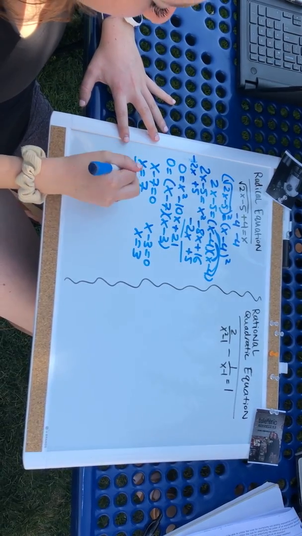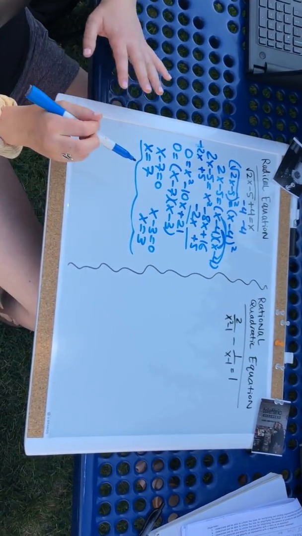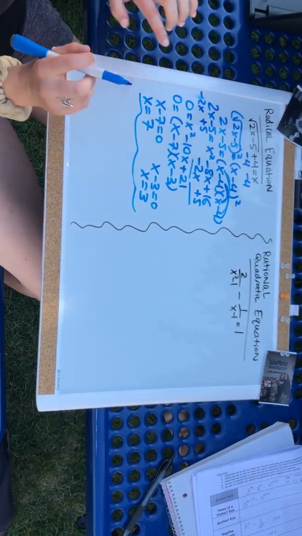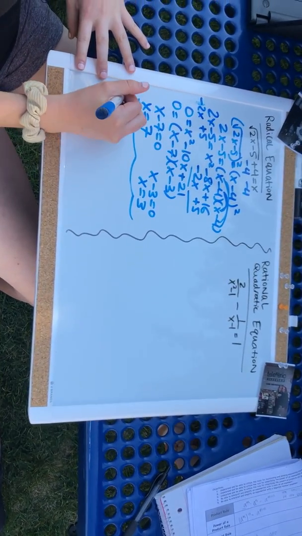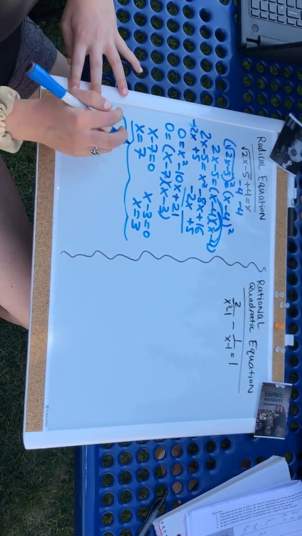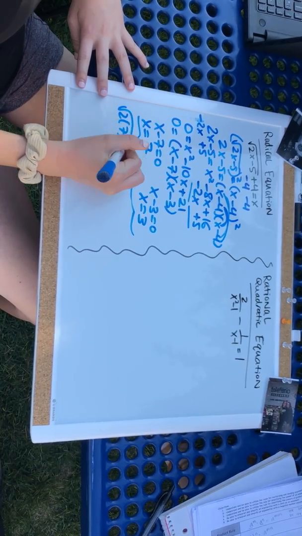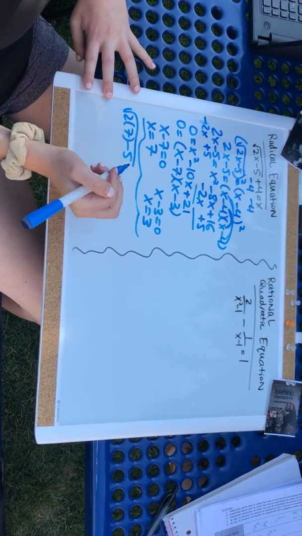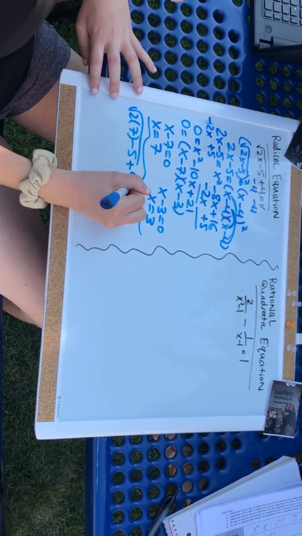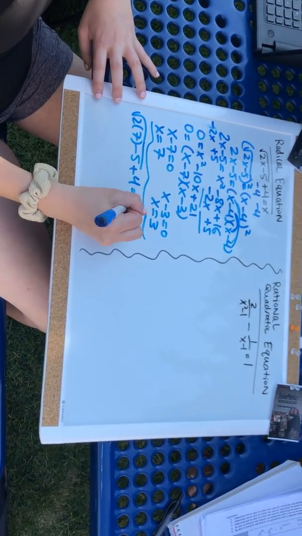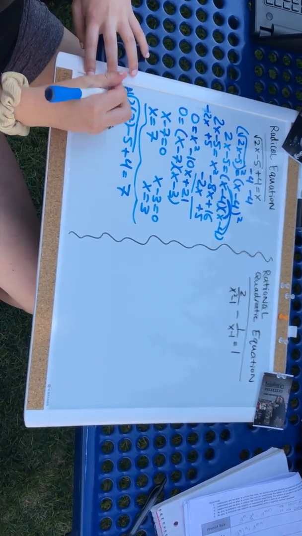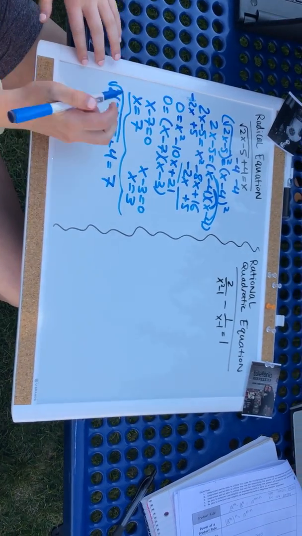But we're not done yet. We need to check these to see if they work with the square root. Let's try 7 first: the square root of 2 times 7 minus 5, plus 4, equals 7.